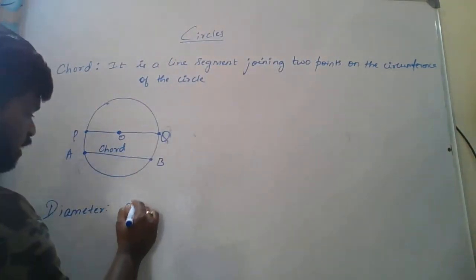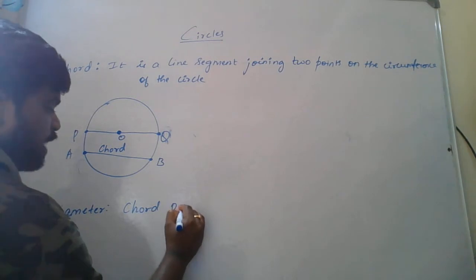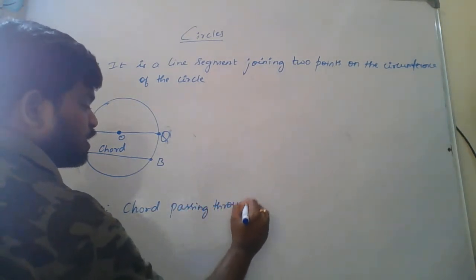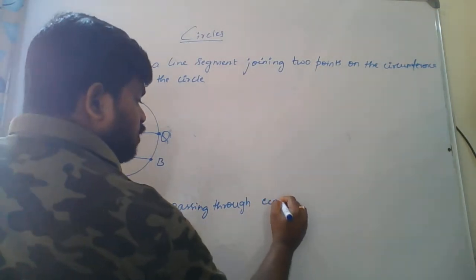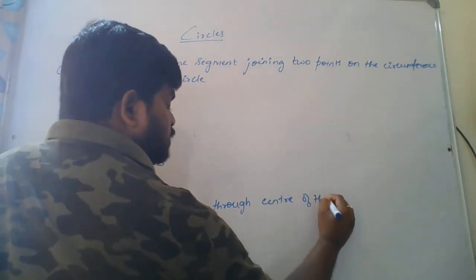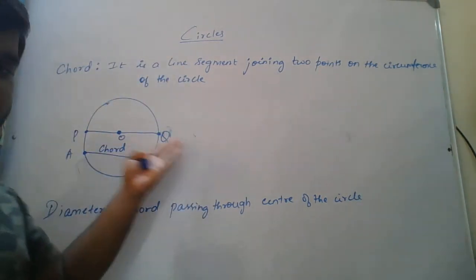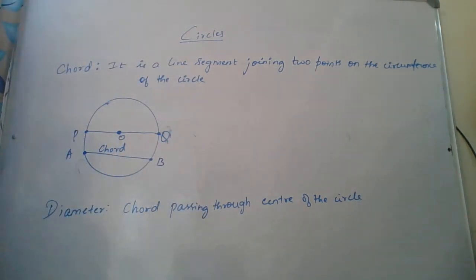So what is diameter? Chord passing through center of the circle. That is known as diameter. And this is the biggest chord that you can have.